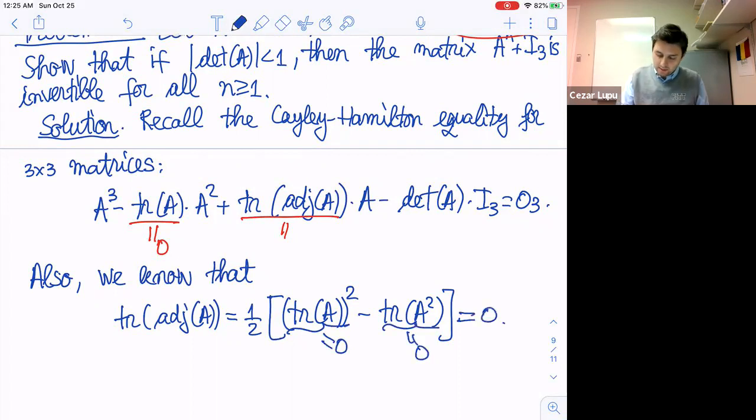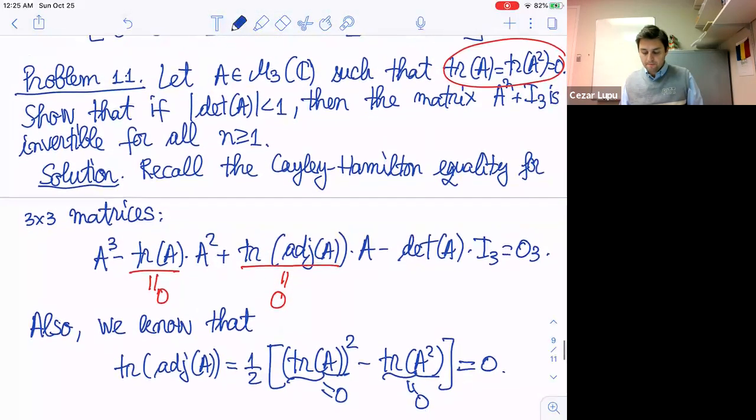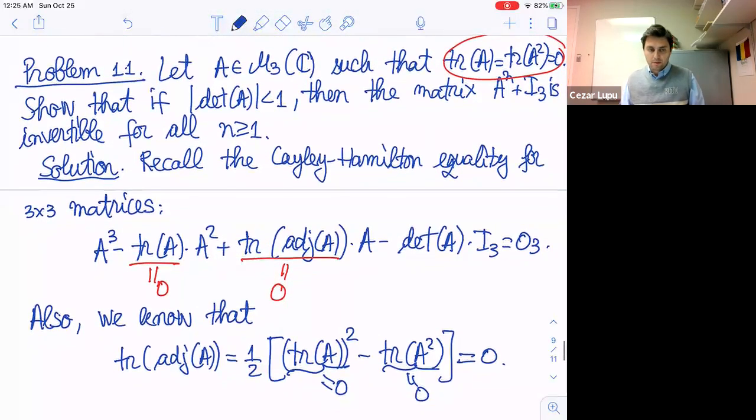So now I can safely say that the trace of the adjugate is 0. Okay, that's nice.